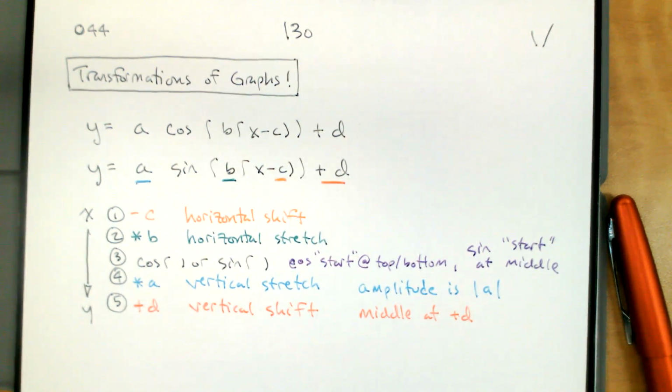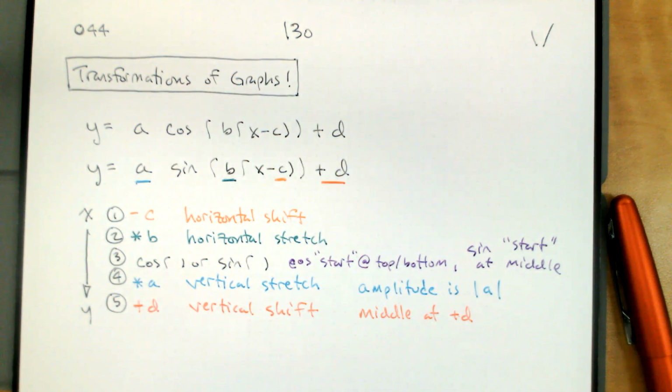So the cosine will start at the top or the bottom. The sine will start at the middle. Remember, there were two different middles, the middle going up and the middle going down. So cosine means it starts at the top or starts at the bottom. The amplitude comes from the absolute value of the coefficient.